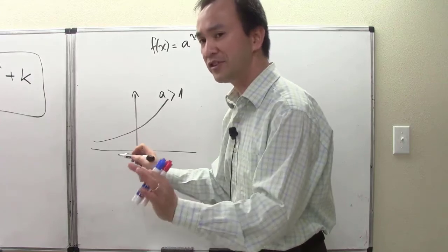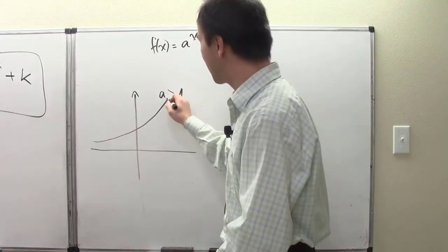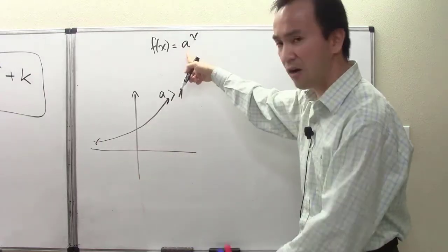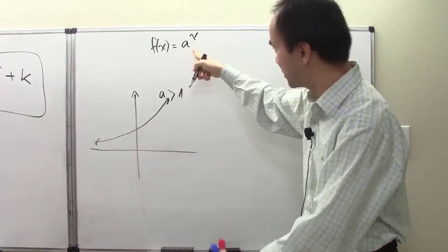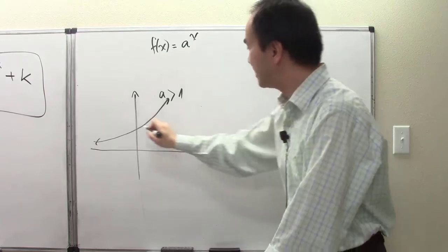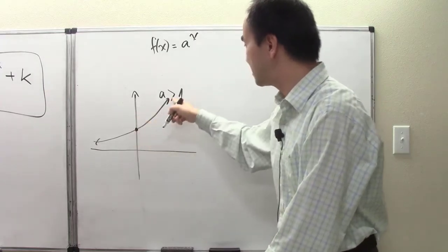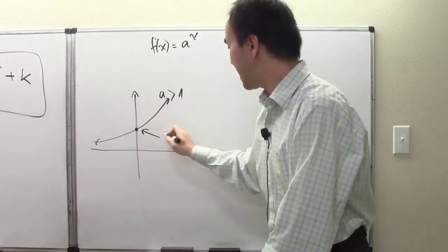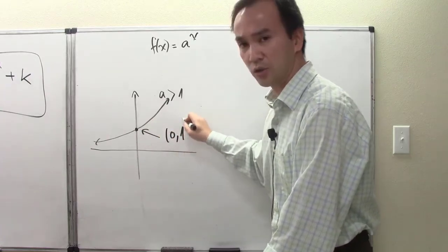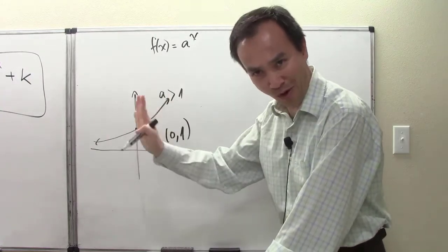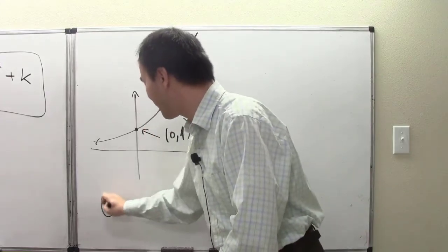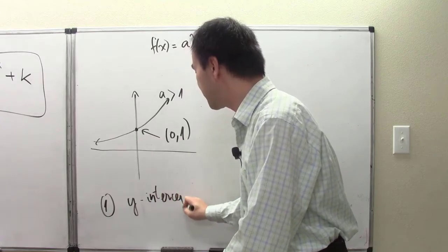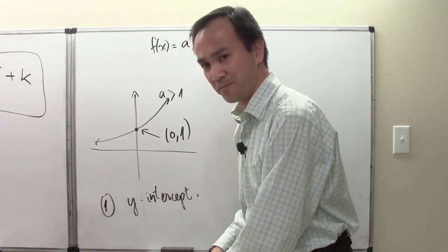The major characteristic I want to focus on now is that any exponential function, at least for now looking at specifically the ordinary one right here, in these forms with a base greater than 1, has a y-intercept at (0, 1). So the y-intercept is one fascinating characteristic of any exponential function.